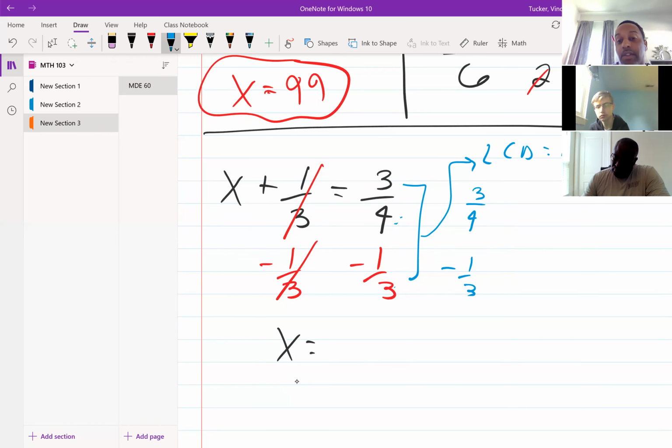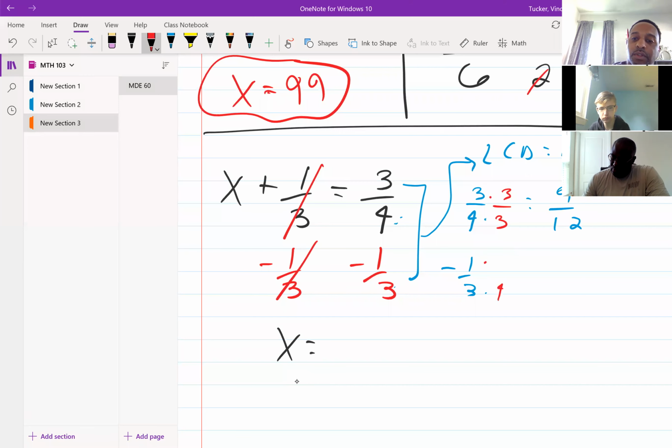Like I said, just a reminder of the adding and subtracting process when it comes to fractions. If I'm saying my LCD is 12, then I need to turn both denominators into 12. So you ask yourself, what times 4 will give me that 12? And it's 3. But whatever you do to the bottom, you have to do to the top as well. So it's going to be 9 over 12. Down bottom, what would you multiply to 3 in order to get 12?